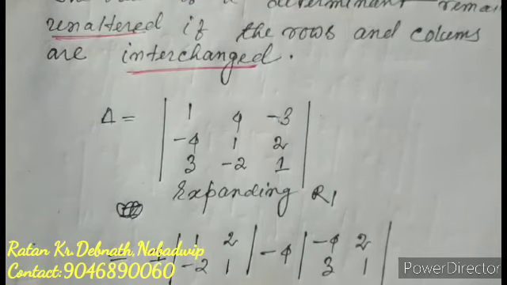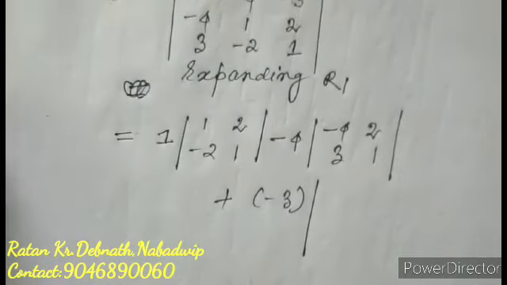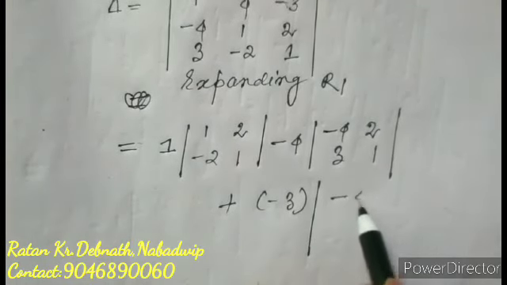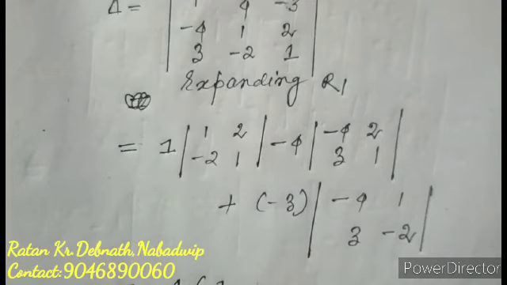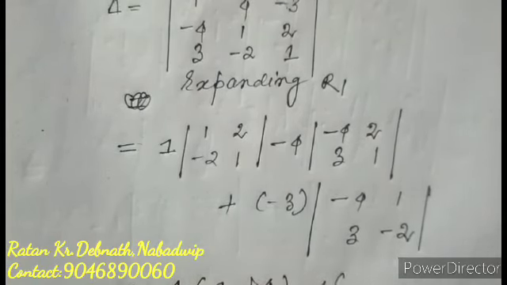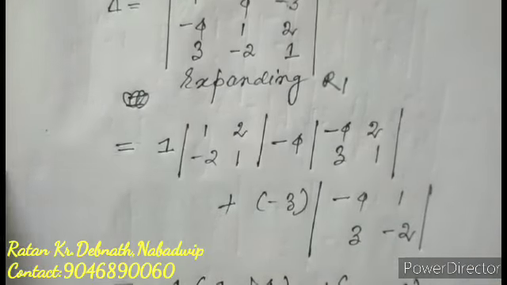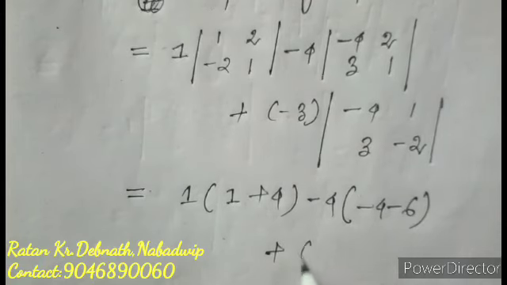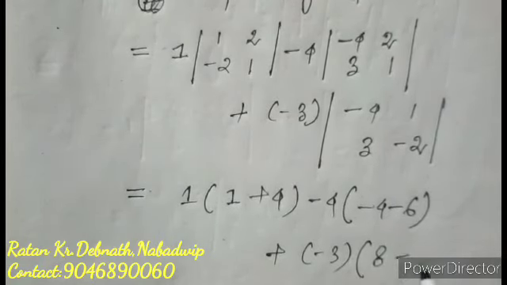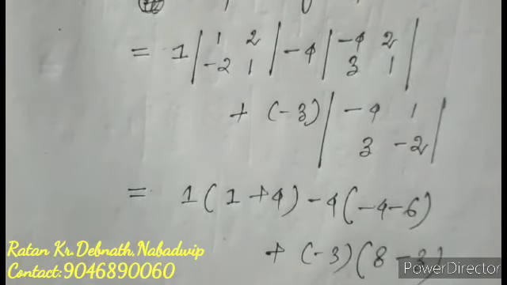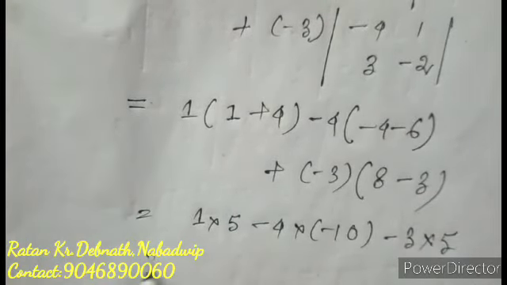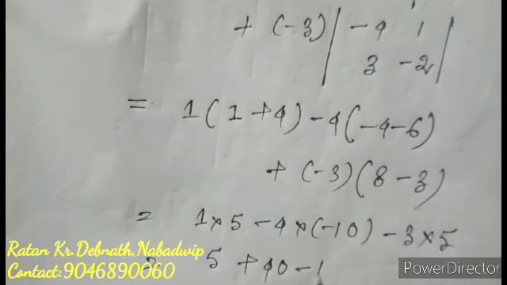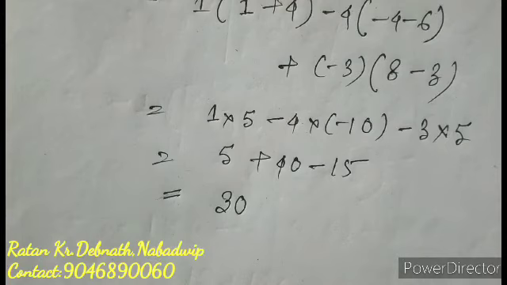Next minus 3, minus 4 3, 1 minus 2 1. Plus 4 minus 4 into minus 4 minus 6, minus 3 into 8 minus 3, 5 minus 4 into minus 10 minus 3 into 5, plus 40 minus 15, so we get 30.